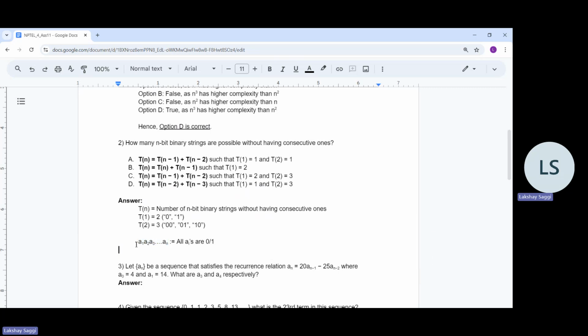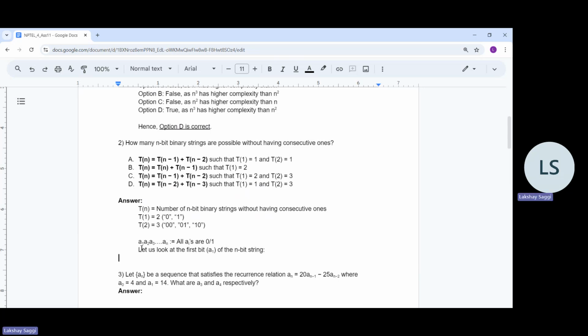Let us look at the different possible cases for the first bit, A1, of the n bits.